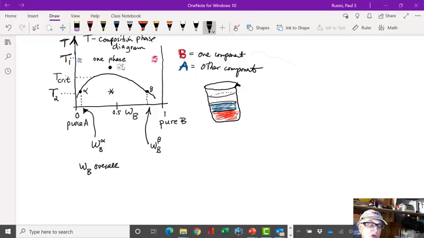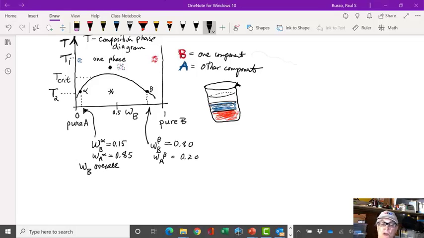So let's say WB in the alpha phase here is 0.15. We could say WA in the alpha phase is then 1 minus 0.15, or 0.85. Everything in the sample counts for total weight, so the sum of the weight fractions has got to be 1. As I've drawn it here, WB in the beta phase is maybe 0.8, and WA in the beta phase would be 0.2.